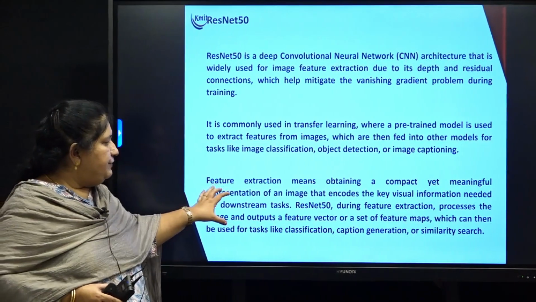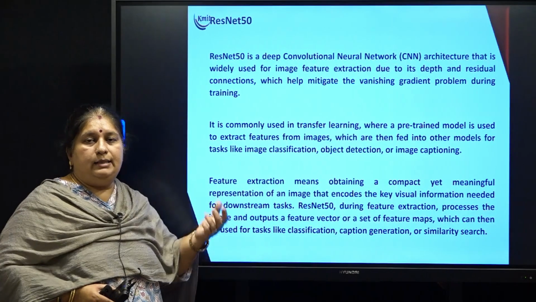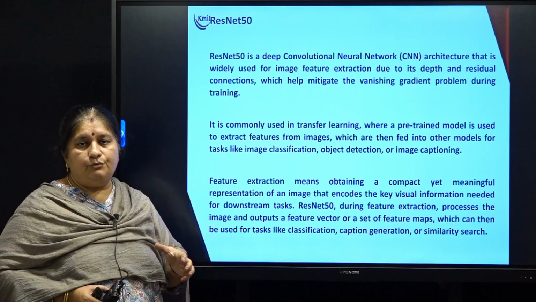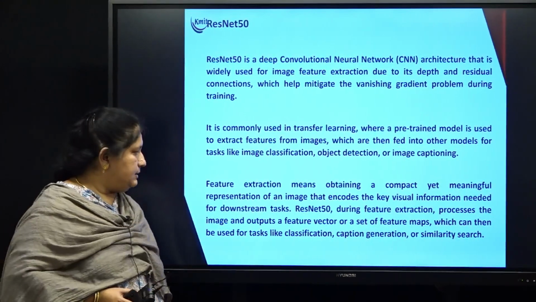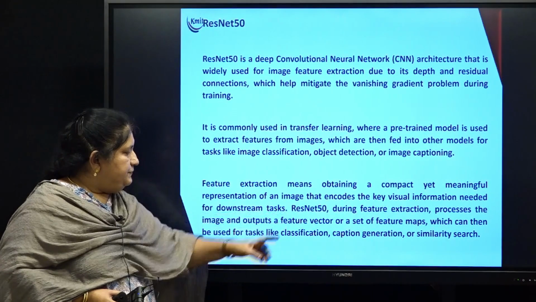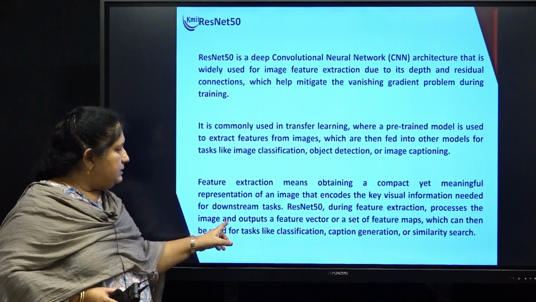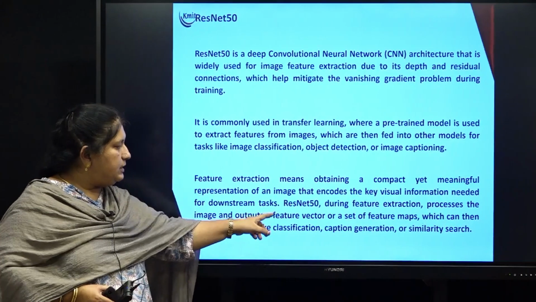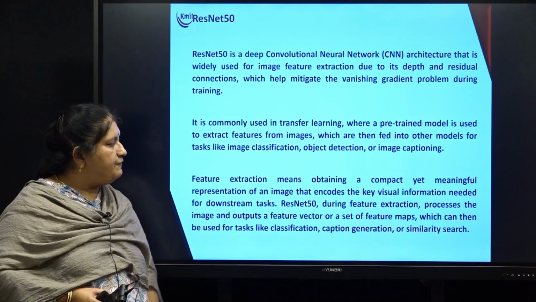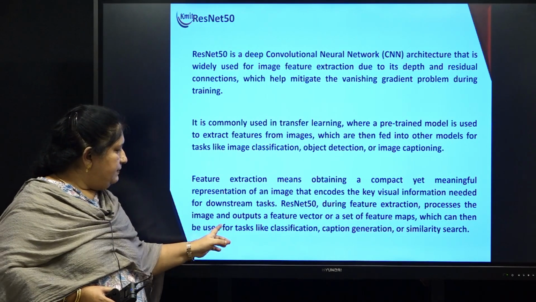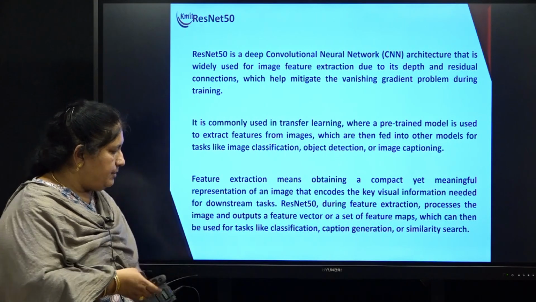So, ResNet50 is trying to extract various features of an image, and the output from this will be fed to various models which are trying to do these specific tasks. During feature extraction, ResNet50 processes the image and outputs a feature vector, or a set of feature maps, which can then be used for tasks like classification and so on.